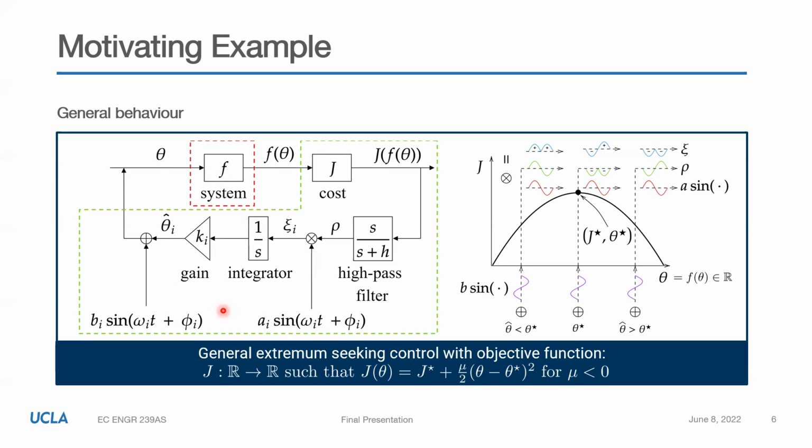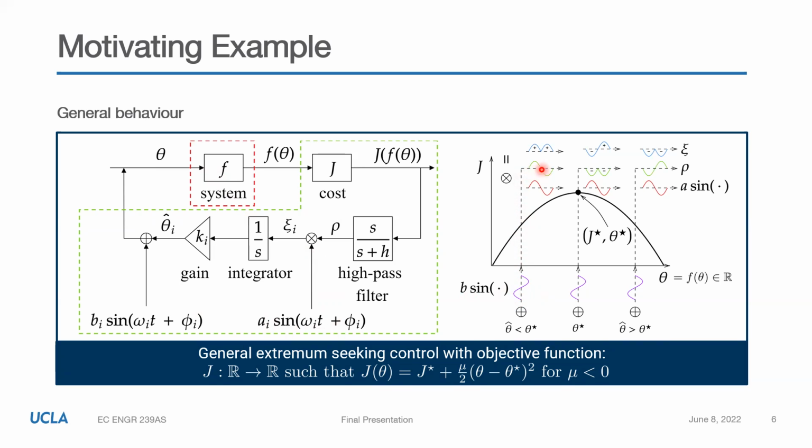If we were to evaluate this in our cost function, this would actually produce a sinusoidal output as well. As this value increases, we get an increase in J, and as this value decreases, we get a decrease in J. This gets reflected in the green signal here, which is rho.